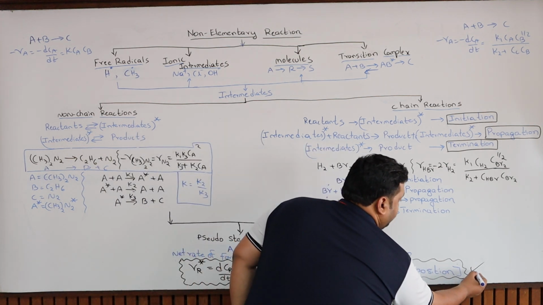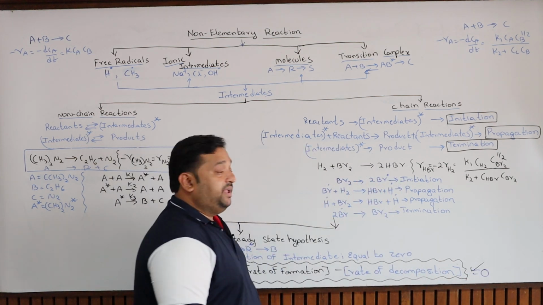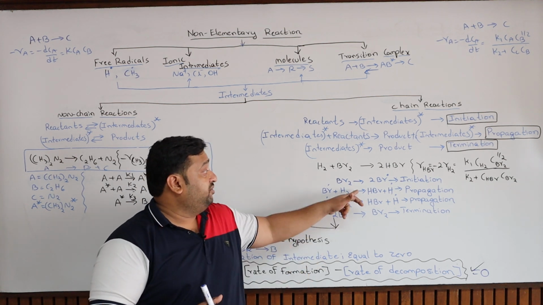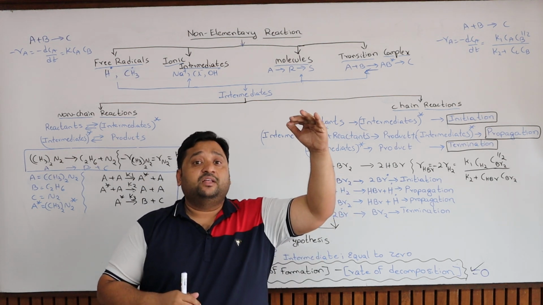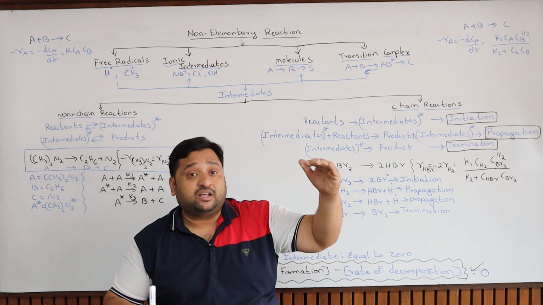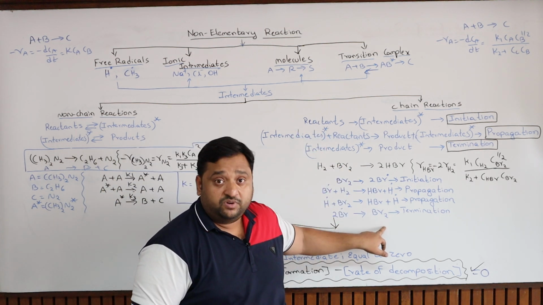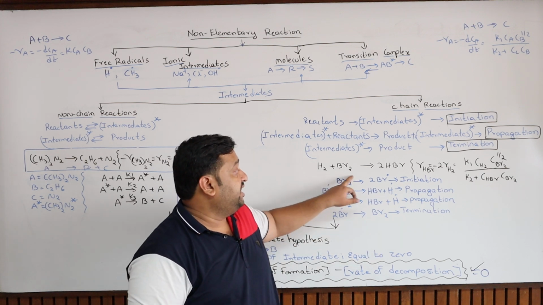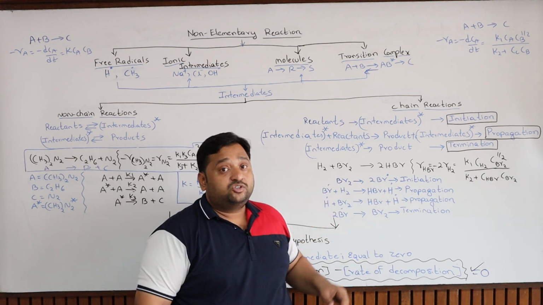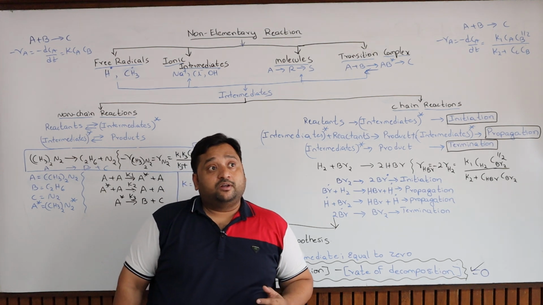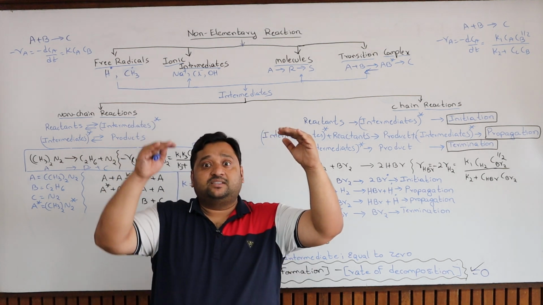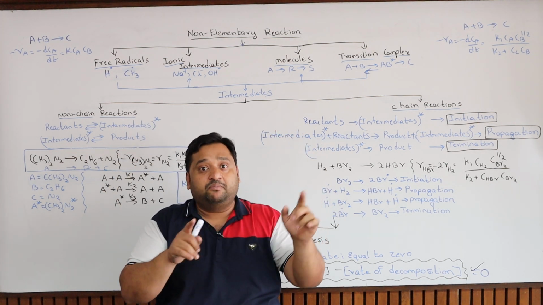Okay, we have to make it equal to 0. That means there are a few reactions where intermediate will form, and a few reactions where intermediate will be consumed. For example, in this reaction intermediate is getting consumed, in this reaction intermediate is getting formed. So formation minus consumption, at every time the net rate is 0.